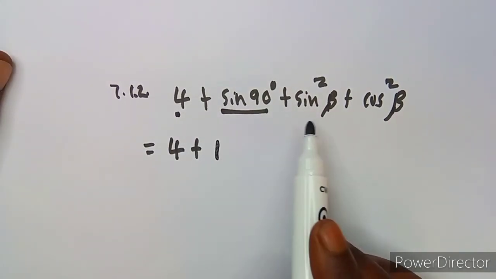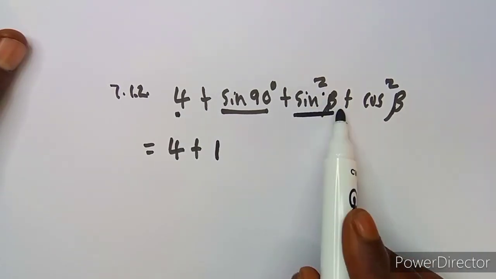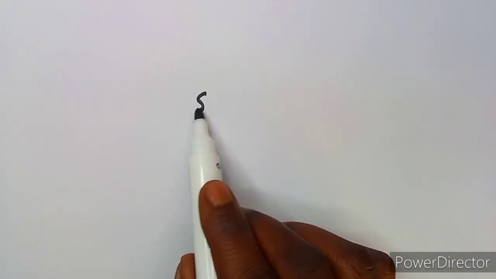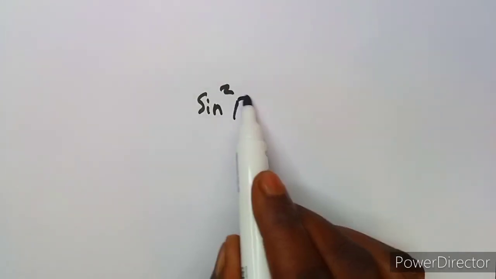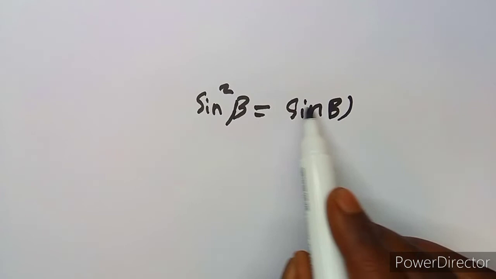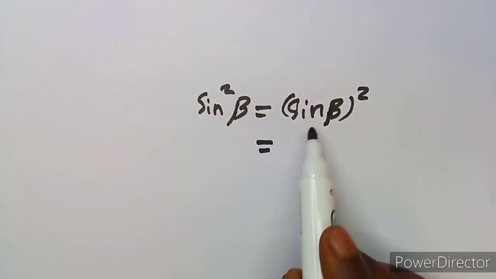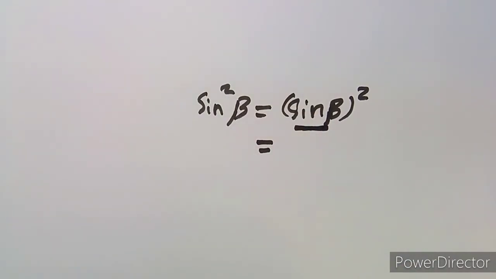All right, when you are given an expression like sine squared beta, it means the same thing. Sine squared beta is equal to sine beta squared. It's one and the same thing. So remember, we have the value of sine beta. We calculated this, or we stated this value of sine beta before. Let me show you.